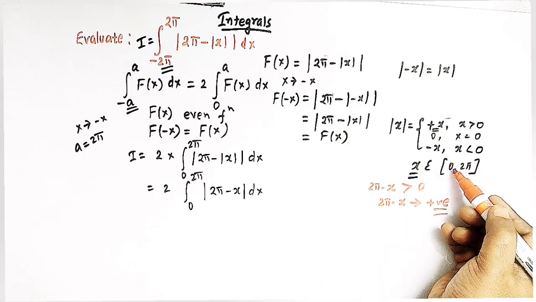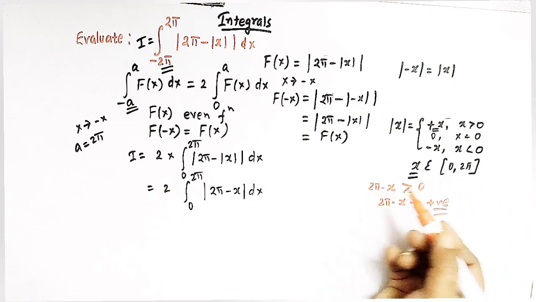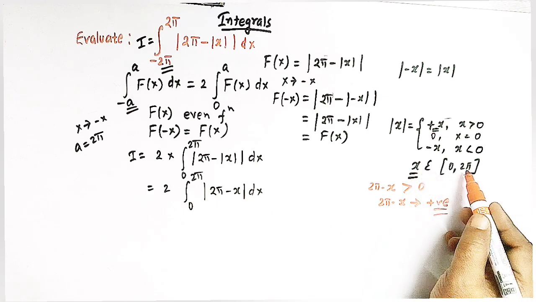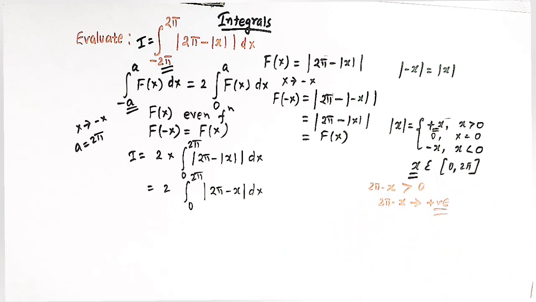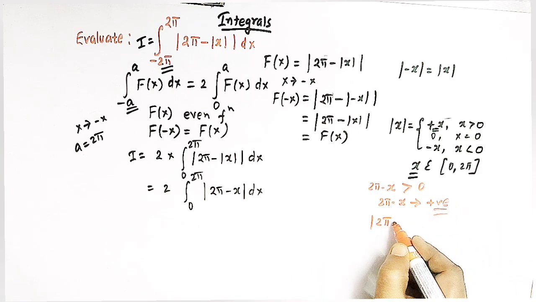And when we take x is equal to 0, then we have 2 pi which is obviously greater than 0, and when x is equal to 2 pi, then we have 2 pi minus 2 pi, that is 0, right? And in that case 2 pi minus x is equal to 0. So we can now apply the definition of mod function.